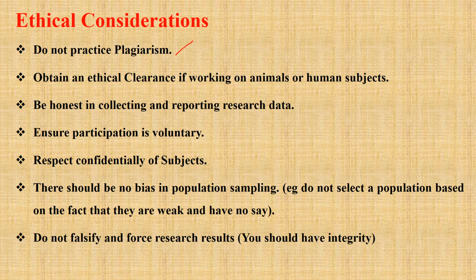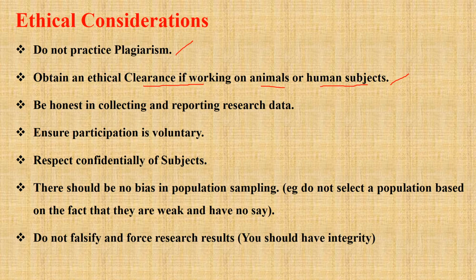Okay, and there are many journals and articles that will do a plagiarism check, and depending on the percentage of plagiarism, if it goes above a certain percent, those journals will refuse to publish your article because you have copied a lot of information from people without giving credit to them. Okay, you also have to obtain an ethical clearance if you are working on animals or human subjects.